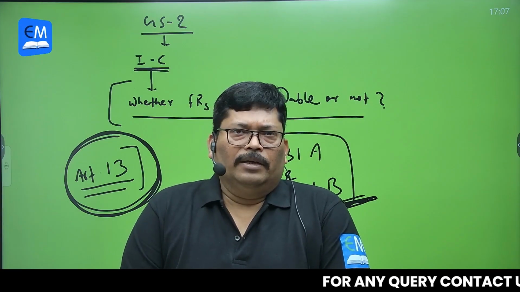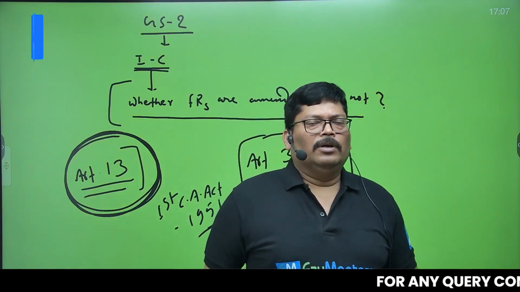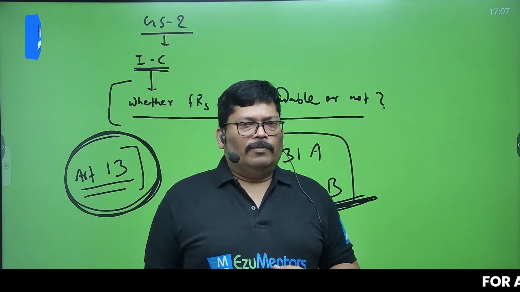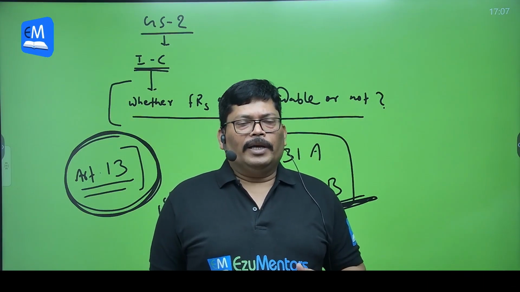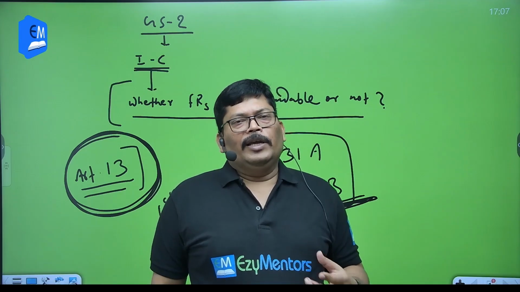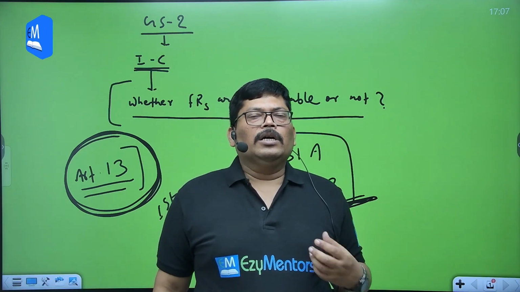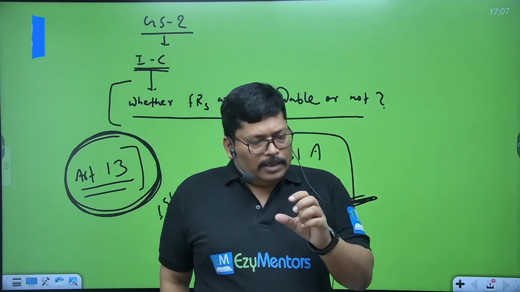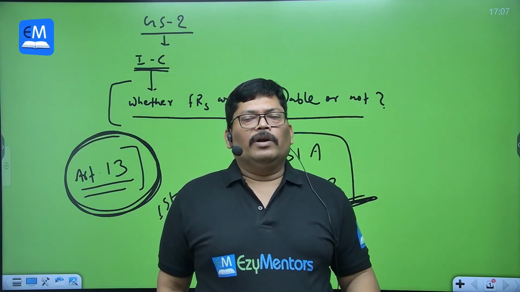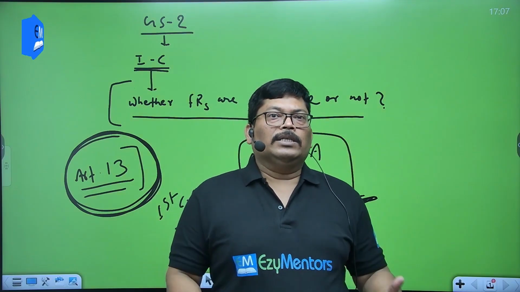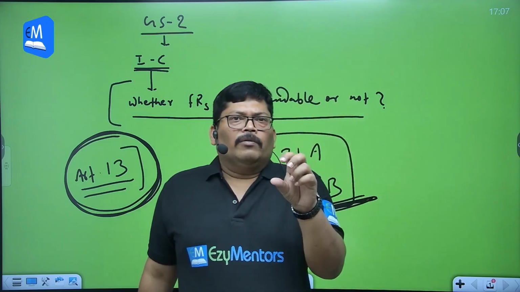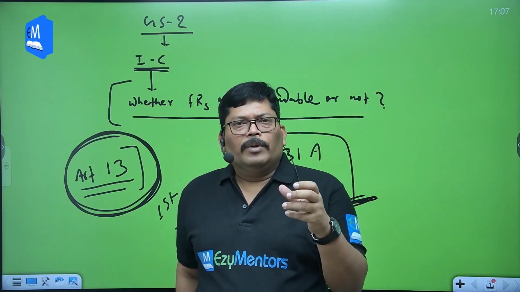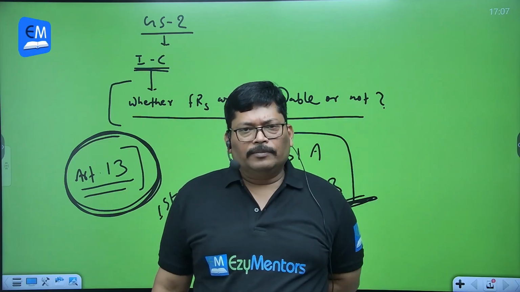And finally, it was challenged before the Supreme Court of India in the form of a very prominent case. The name of that case was Shankari Prasad versus Union of India. In Shankari Prasad versus Union of India, the matter was raised whether the Parliament of India is competent enough to cause amendment across the fundamental rights.